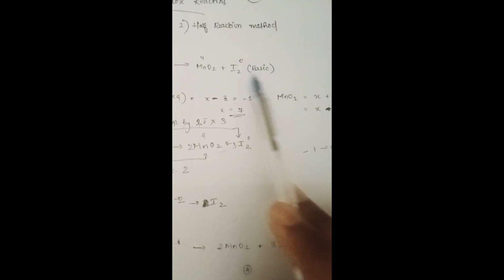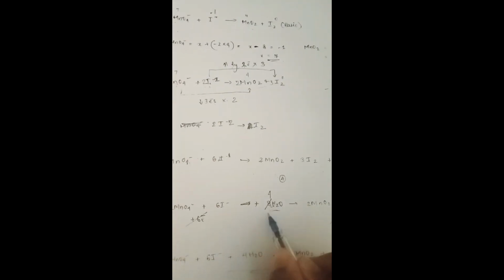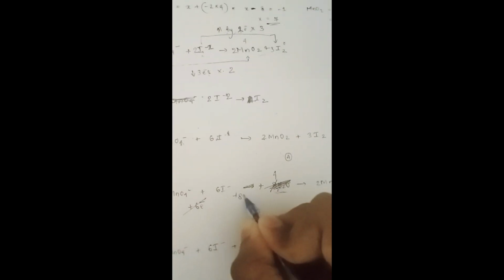This is the completely balanced equation, okay? And this is when you do this in a basic medium. What about acidic medium? Instead of adding H2O to this side and OH minus, simply add 8H plus ions. So I hope you understood how to do the half reaction method.